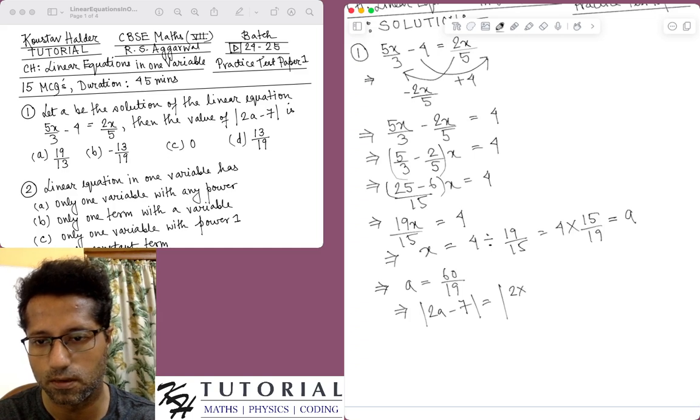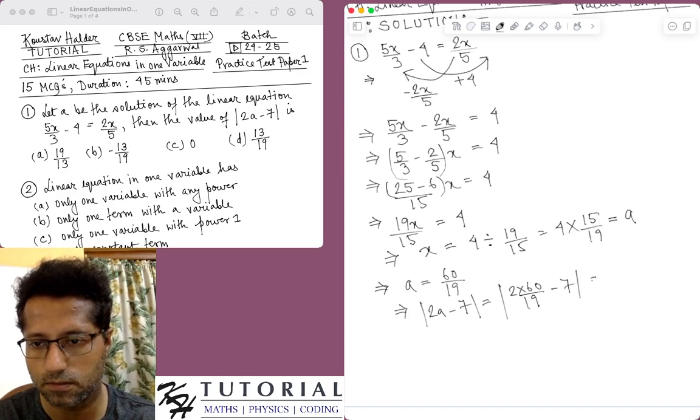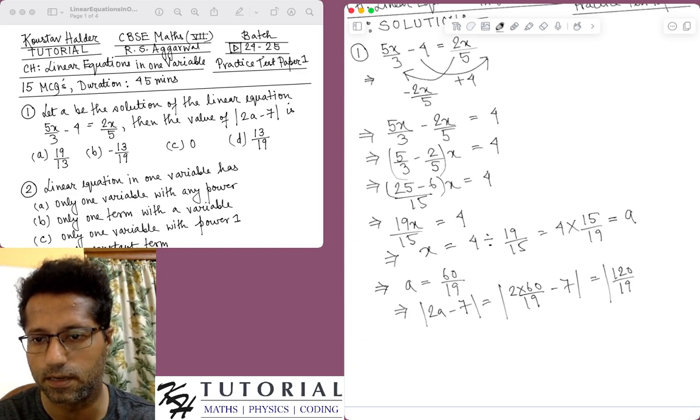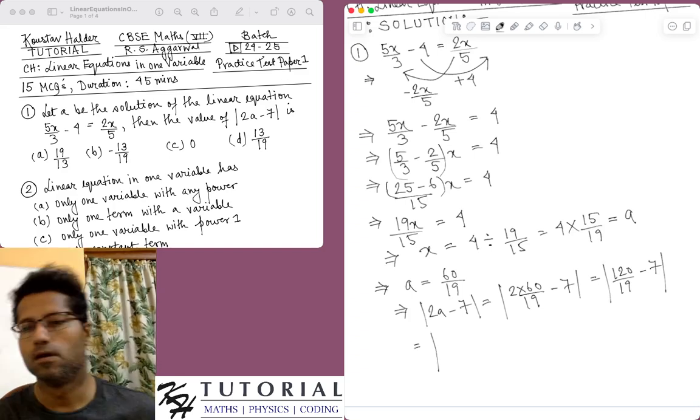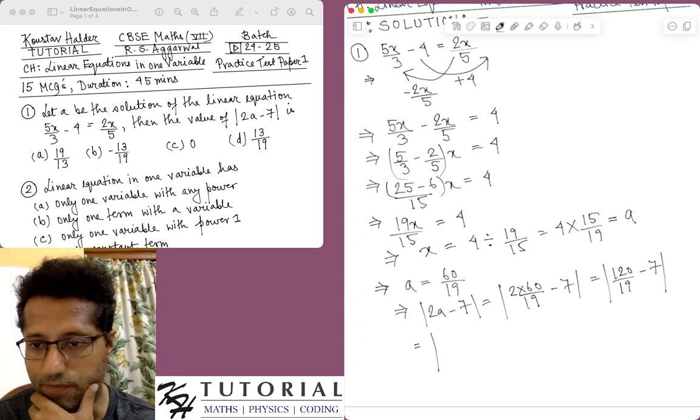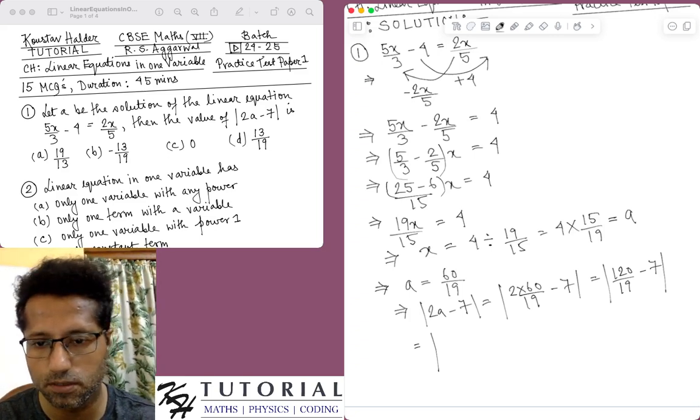So 2 into 60 by 19 minus 7. This is mod of 120 by 19 minus 7. Now if we do the subtraction of the rational numbers, this becomes 120 minus 133 by 19.